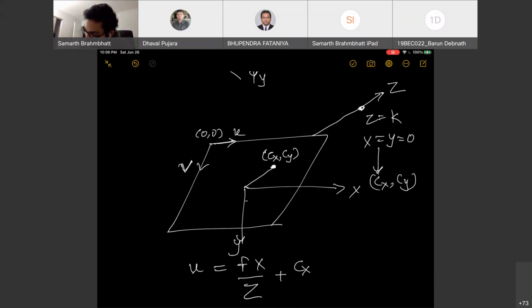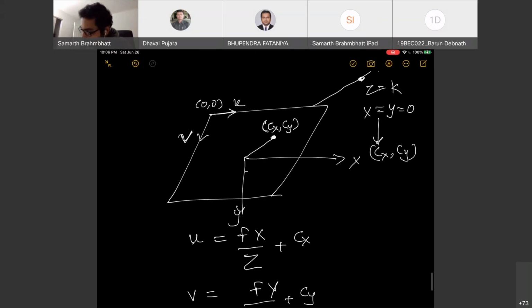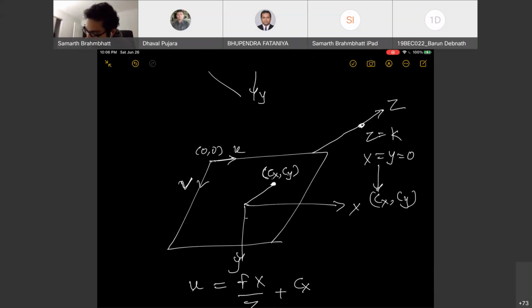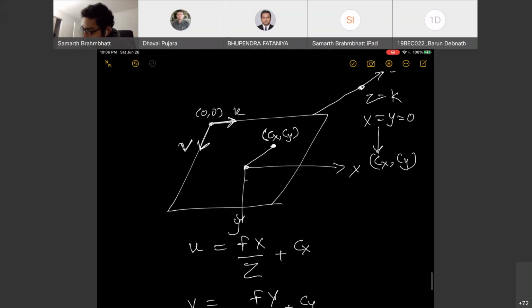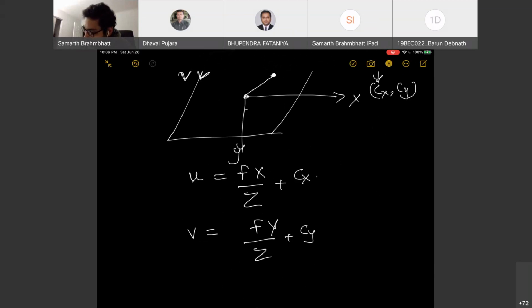And I will let you know in the next lecture how to actually find these Cx, Cy values. But for right now, for understanding purposes, in our image, we defined our coordinate system over here. So there is kind of an offset between that coordinate system and this coordinate system, and that is represented by this Cx, Cy. So we have to add Cx, Cy here.